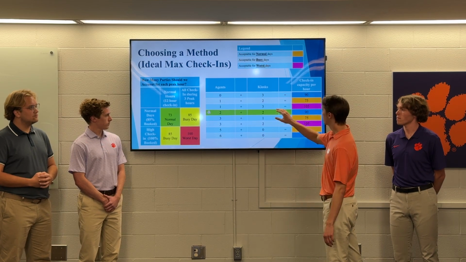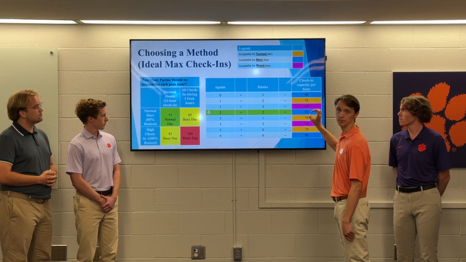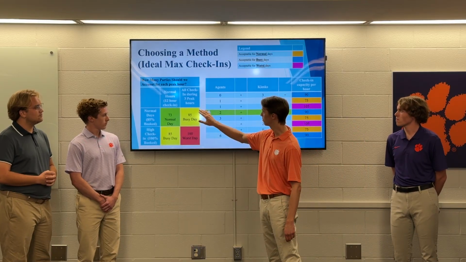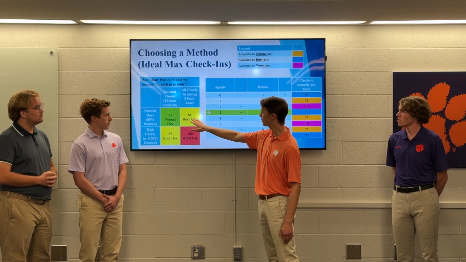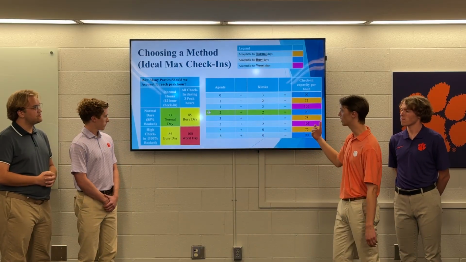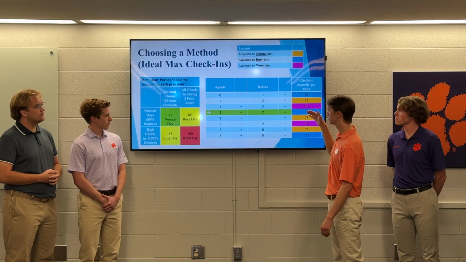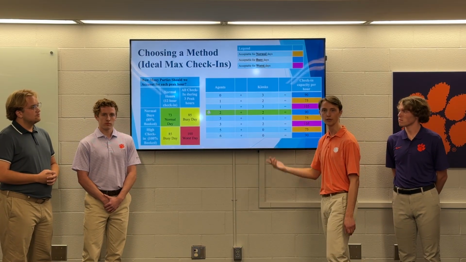But using our 2-2 combination, it will accommodate 90 check-ins per hour, which will accommodate most normal days and busy days. And down the road, if it ever becomes a problem and these aren't covering enough, we can always add another kiosk.